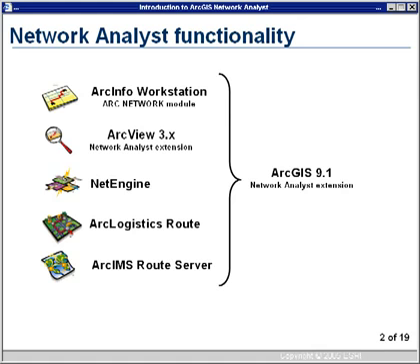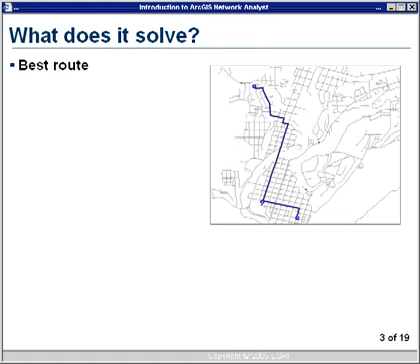You can access the network programmatically, like with NetEngine. Parts of ArcLogistics Route, like time windows, are included to help solve complex routing problems. And finally, ArcGIS Server with network extension provides a platform to perform analysis on the web similar to ArcIMS Route Server. As Network Analyst matures, even more functionality will be added.